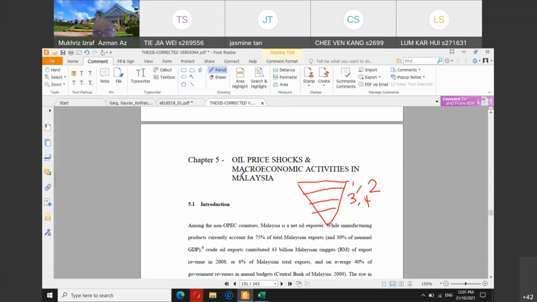For example, last year when the pandemic began, oil price dropped as low as $20 per barrel. But back in 2007, 2008, if you check the price of crude oil, harga minyak mentah, it went up as high as $138, $140, around $140 per barrel.